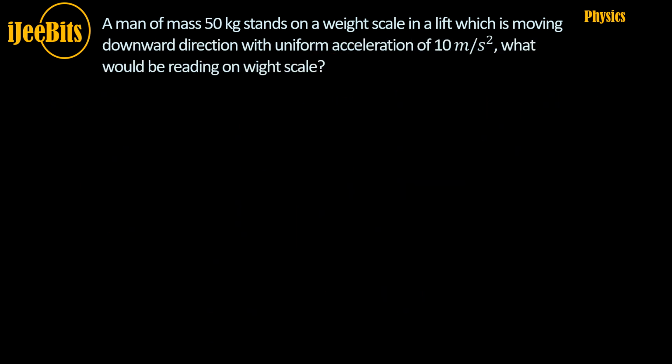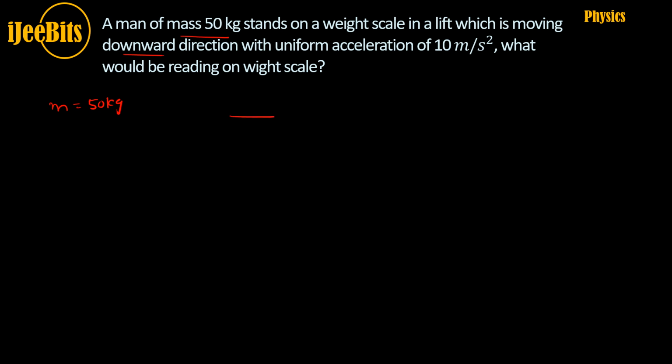Okay, let's look at this problem statement. A man of mass 50 kg, m equal to 50 kg, I'm noting down, right? On a weighing scale in a lift which is moving in the downward direction.